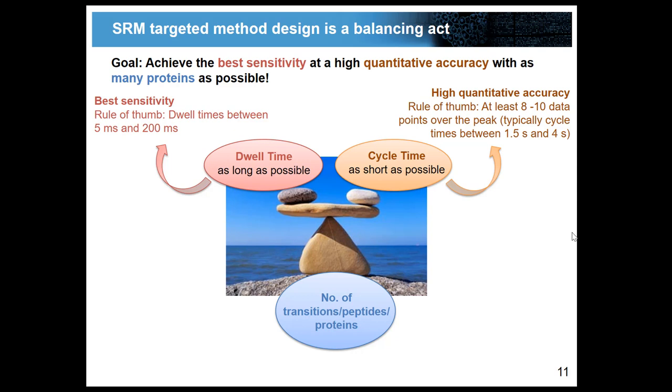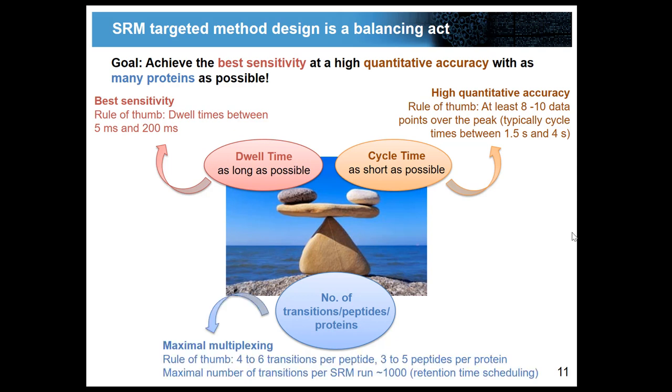However, if you work with a fancy LC setup, it also might be, if you have very sharp peaks, very good chromatography, you would like to work with even a significantly shorter cycle time. And then we have the number of transitions and peptides. So usually people have always many peptides, many proteins they would like to monitor.